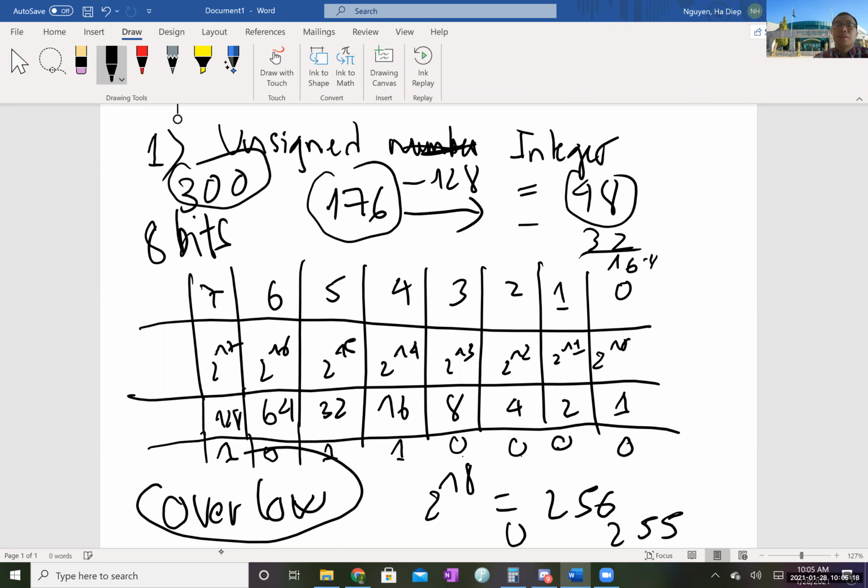You see 300 is greater than 255. In that case, you have to store it into 16-bit memory. Whenever you don't have enough memory, the condition is called overflow.